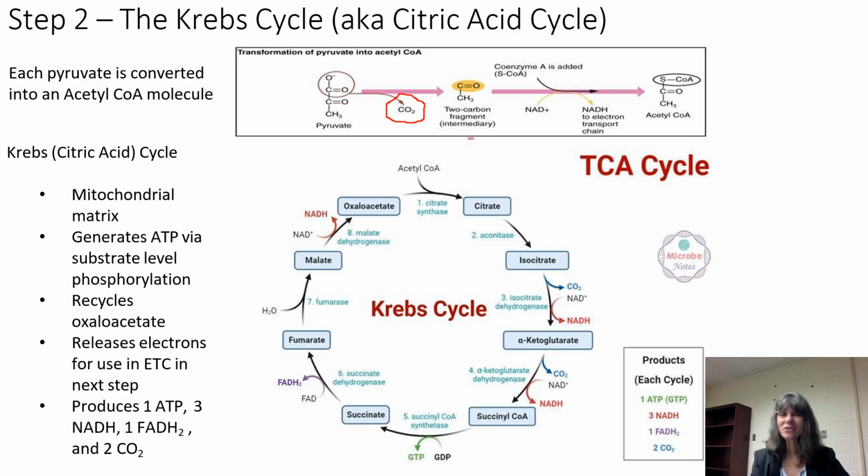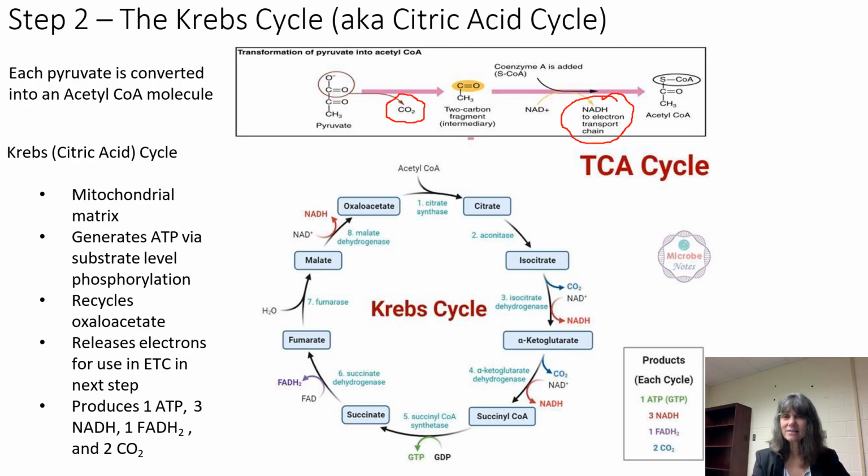That gives us a 2 carbon fragment intermediate molecule which will be joined with coenzyme A, and when they're joined together, a hydrogen atom will be given off in the process, and that hydrogen atom will join with NAD+ to be reduced to NADH. NADH will actually become part of the electron transport chain, which is the big kicker in terms of cellular respiration for producing adenosine triphosphate.